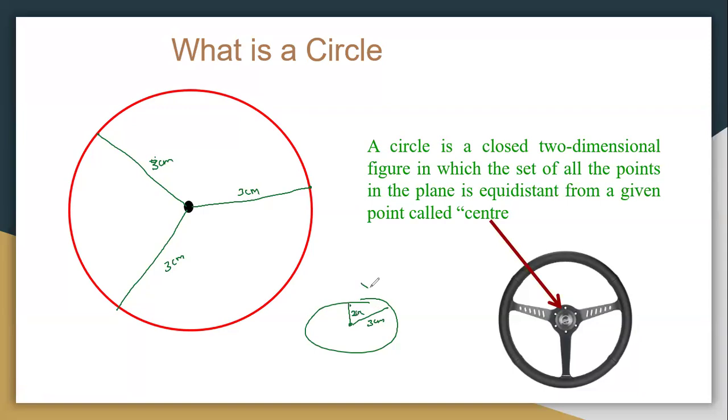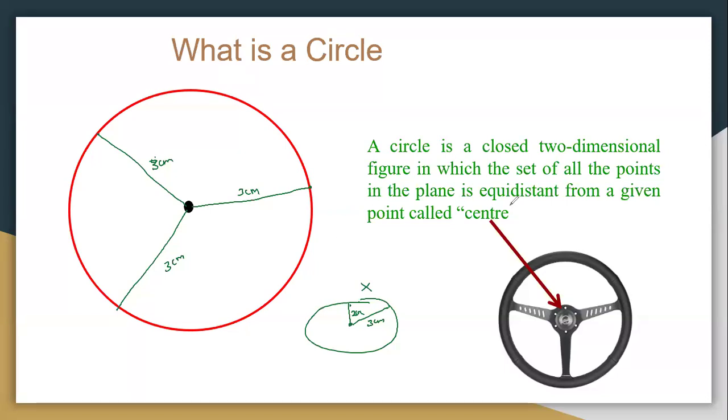So this one doesn't qualify to be called a circle because the distance from the center to any point on the circumference is different. So for anything to be called a circle, it must have the same distance from the center to all the points that are touching its circumference.